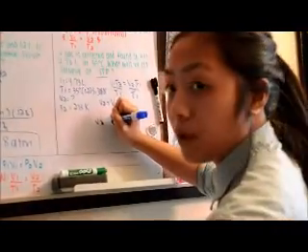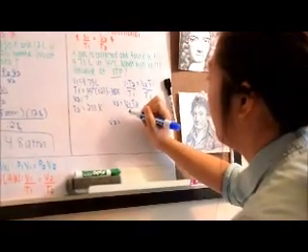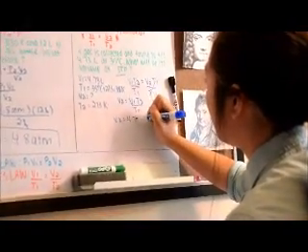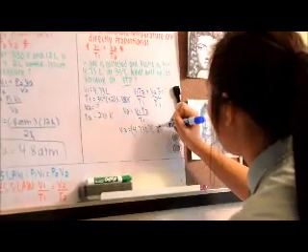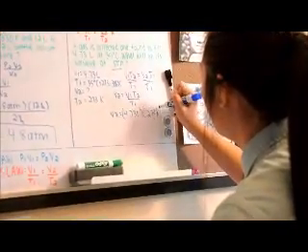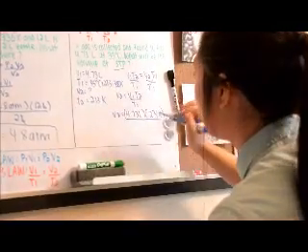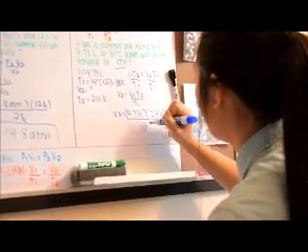So now we just plug in the numbers. V1, 4.73 liters. T2, 273 Kelvin. Divided by T1, which is 308 Kelvin.